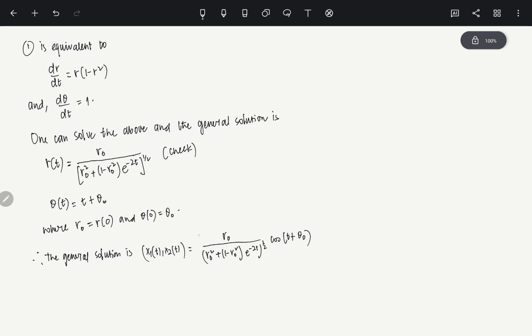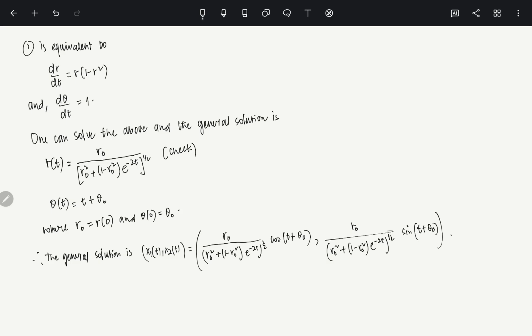Yes, so that is the first, and the second part is again similar: r naught by (r naught square plus (1 minus r naught square) e to the power minus 2t) to the power half, and then I have sine of t plus theta naught. Yeah, that's what we have.